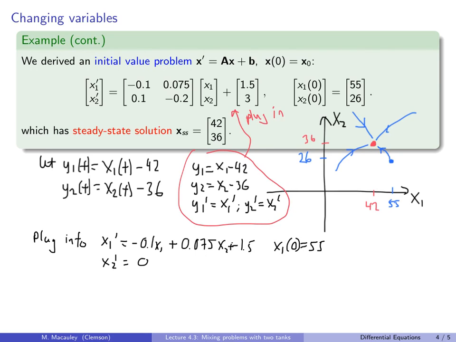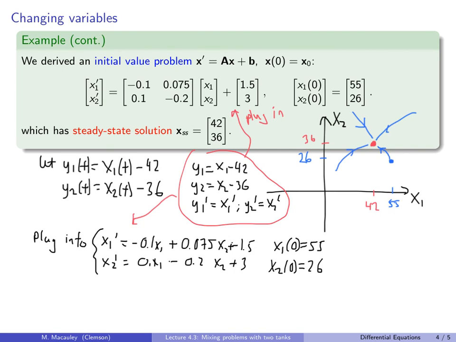It's positive 0.1 x1 minus 0.2 x2 plus 3, and x2 of 0 equals 26. If we plug this back into here, it's a little bit messy. I pointed up here, I should probably have pointed down here instead.